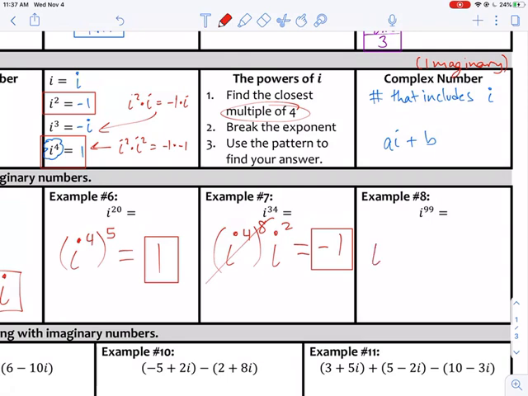All right, i to the 99th. So I'm going to do 99 divided by 4. That gets me 24.75. So I'm going to go to the 24th power. And I'll say, all right, well, 4 times 24 is 96. So that means we actually have 3 remaining to get to 99.